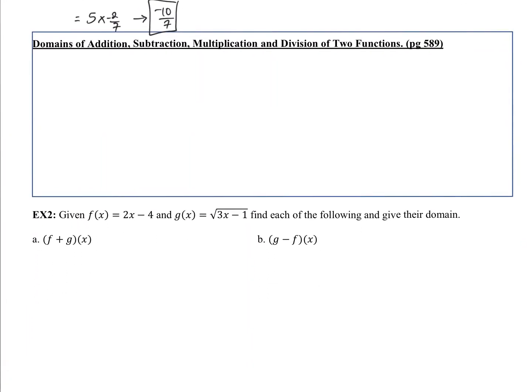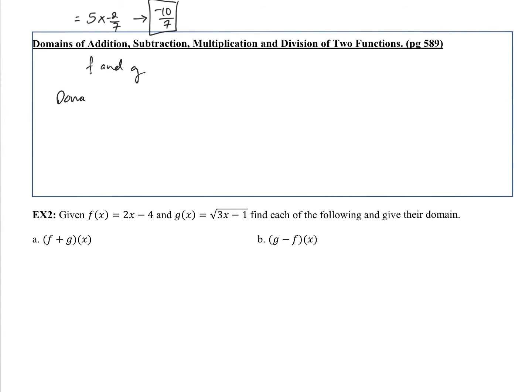Alright, so now we're looking at the domain of addition, subtraction, multiplication, and division of two functions. So on page 589 of your textbook, if you want to read that separately, the domains are as follows. If we have the functions f and g, what do we know?